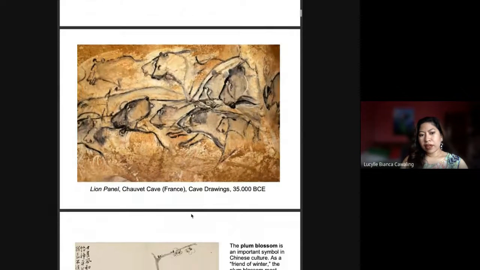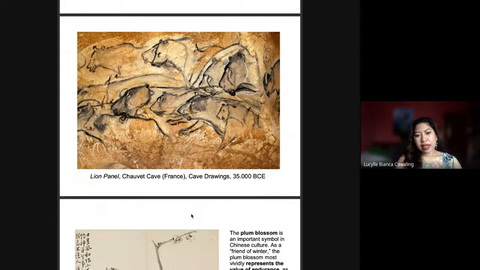So for example, this one, a cave drawing of a lion by the people from way before, our ancestors or the ancient people. This is a cave drawing dated 35,000 BCE, and it is located in Chauvet Cave, France.